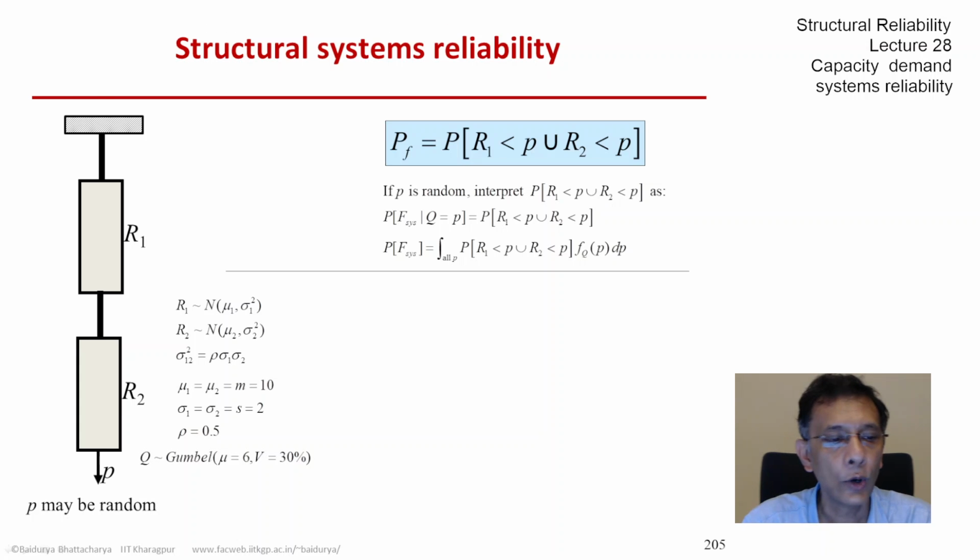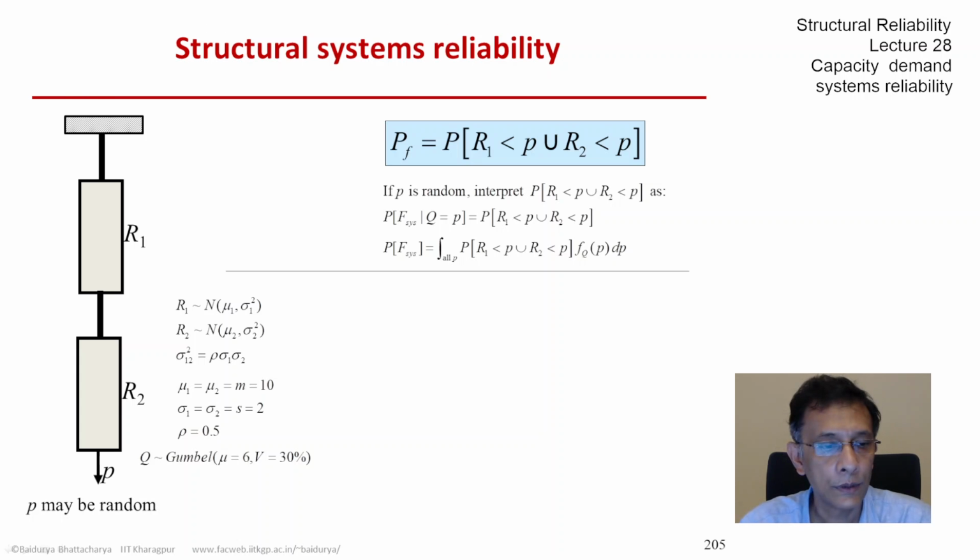Q, we now say it's a random variable. Let's pick the Gumbel distribution for Q. Let's say its mean is 6, so it's one of the 4 cases that we looked at in the previous slide, the curve on which we made that green oval, which I wanted us to remember.